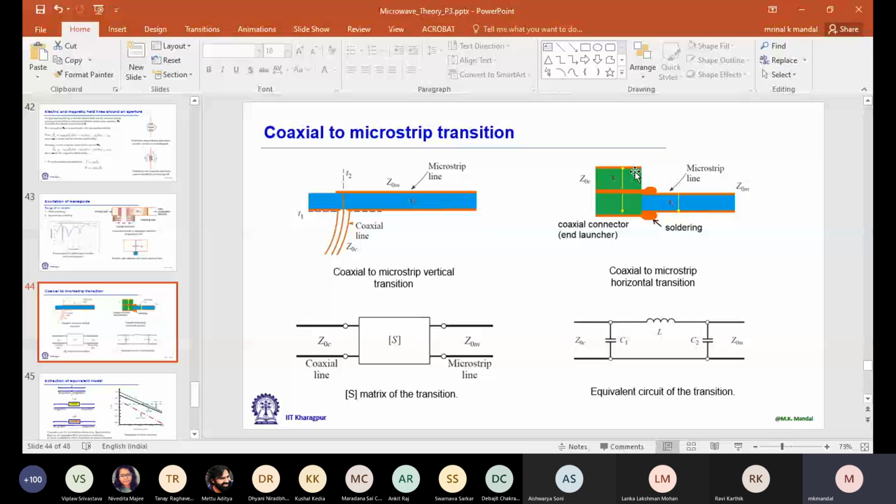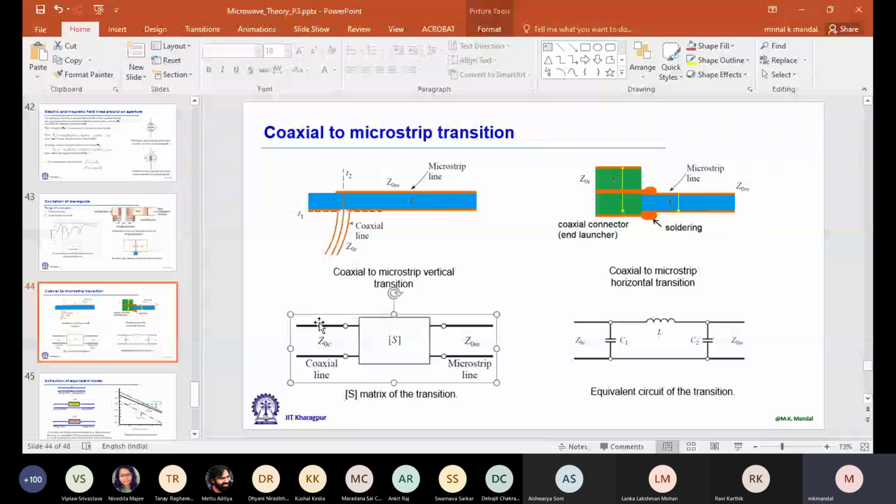And it happens because of this field matching and impedance matching. It is automatically satisfied. Well, so in practice, sometimes what happens, let's say you are going to now measure your waveguide based or microstrip line based component by using vector network analyzer. But this adapter, it is not ideal. Coax to microstrip line or coax to waveguide, this adapter is not ideal.